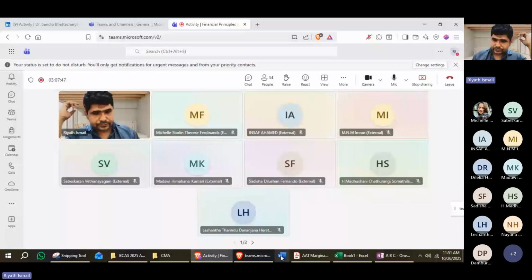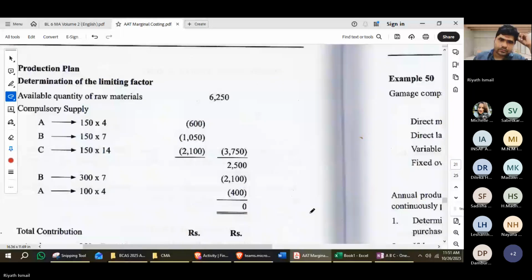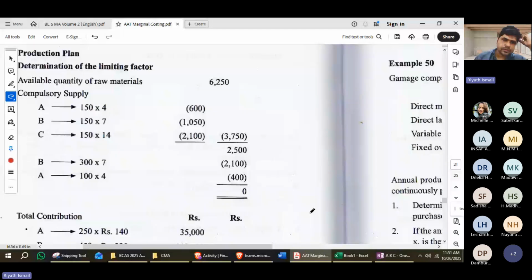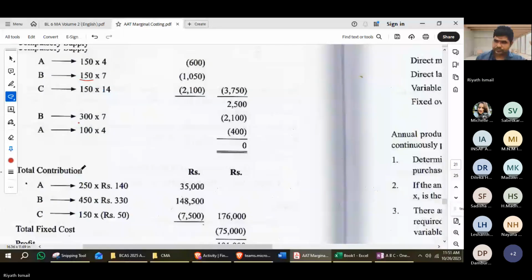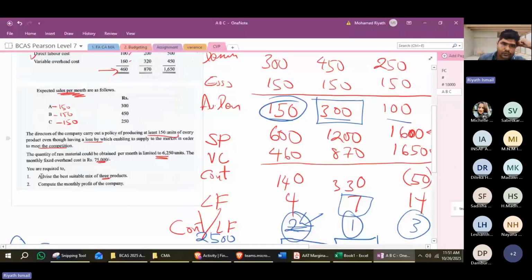And then we move to the second question. Okay, let's verify the answer. Yes, B 150 plus 300, 450. The question is the total contribution. The quantity of raw material could be obtained 650 and the monthly fixed cost 75,000. So now we calculate the contribution and profit.